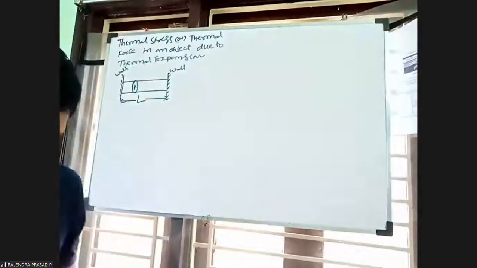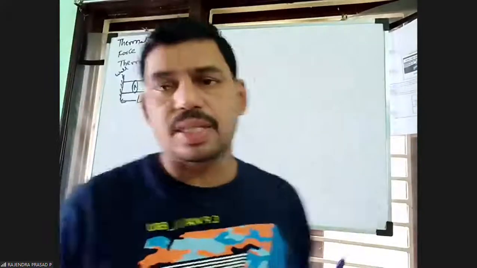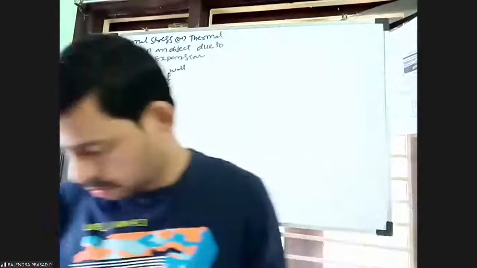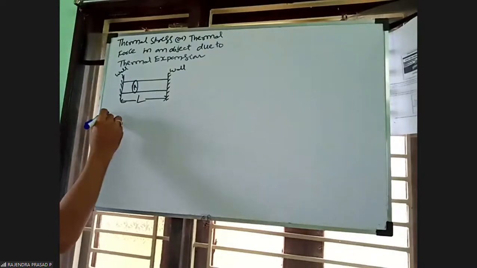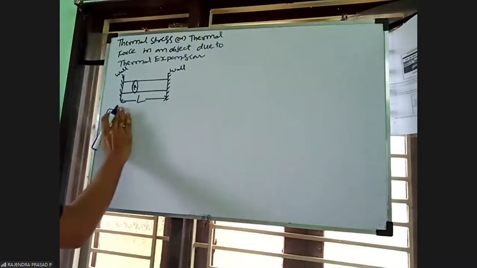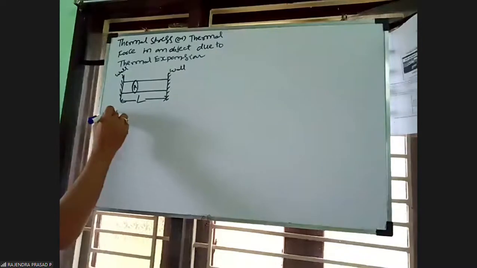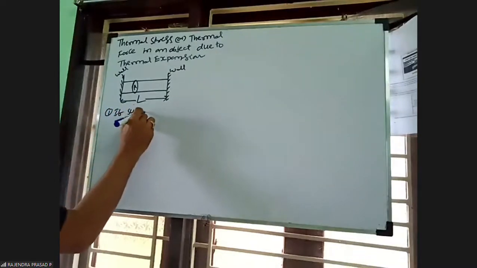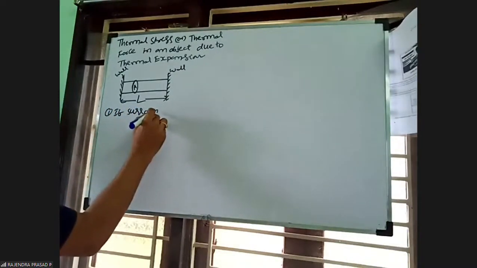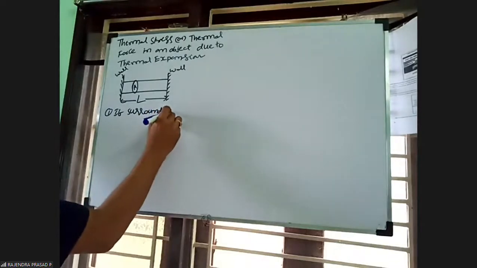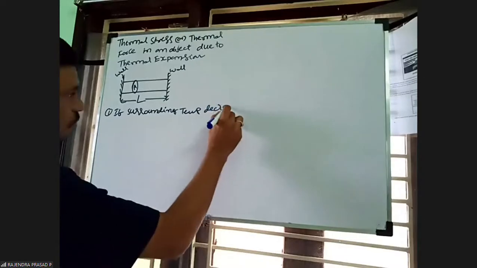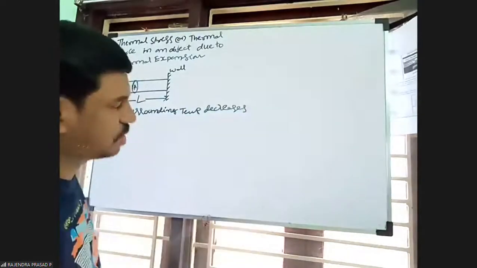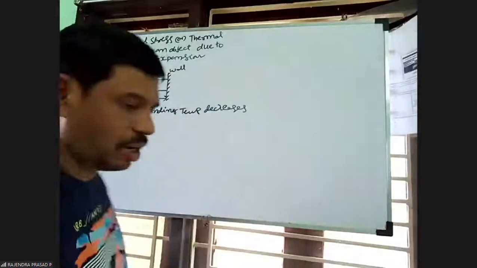For example, first condition: if the surrounding temperature decreases, the rod contracts.